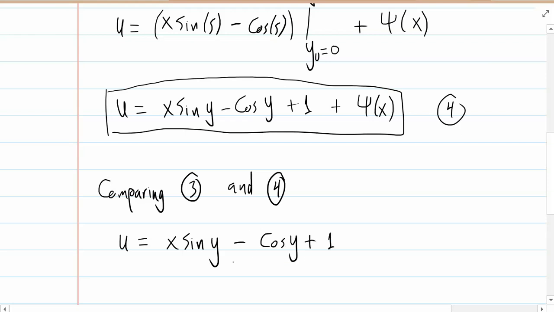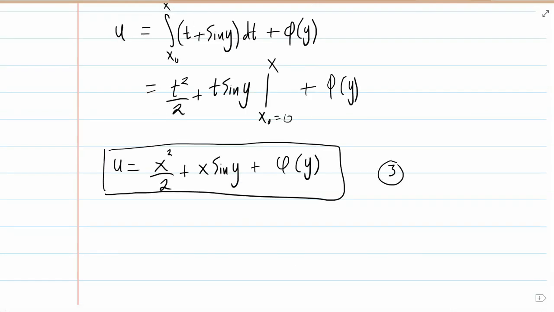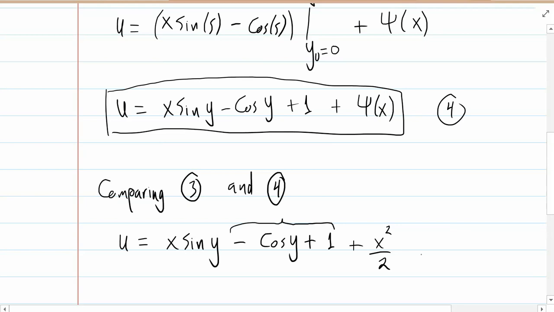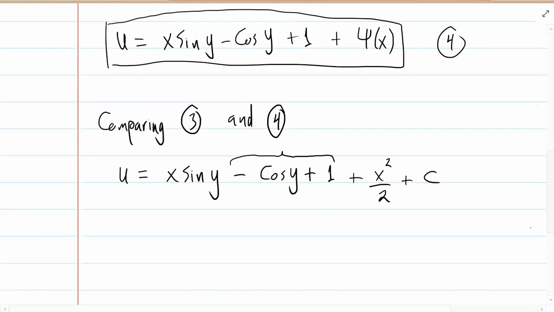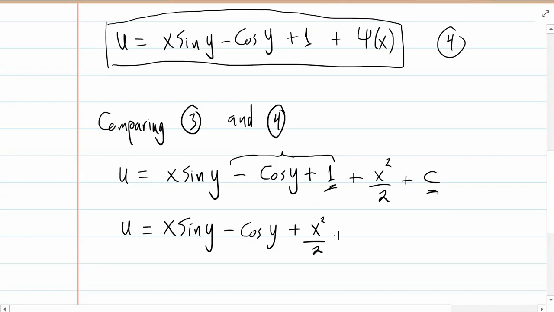Notice how this part here is a function of y, so that could be my phi of y, and plus x squared over 2, this could be my psi of x, and I can always add a constant. I can say that my psi of x includes an extra constant in here. Okay, and I'm going to absorb this 1 into the constant. So I write x sine y minus cosine y plus x squared over 2 plus k.